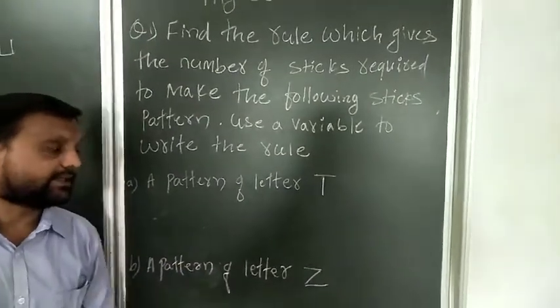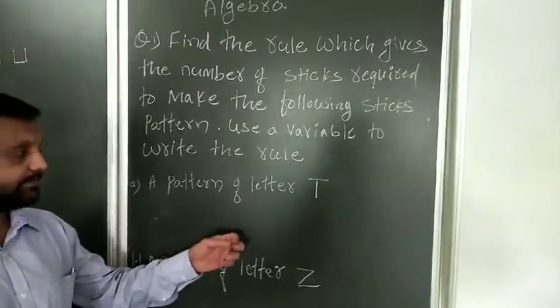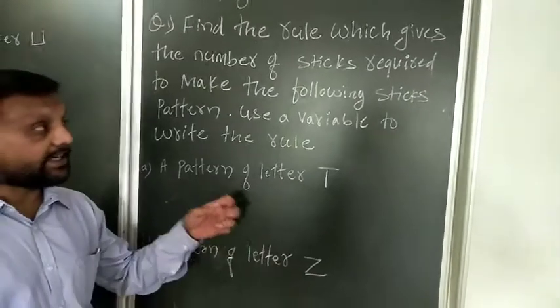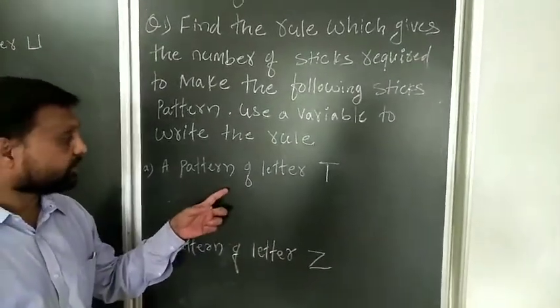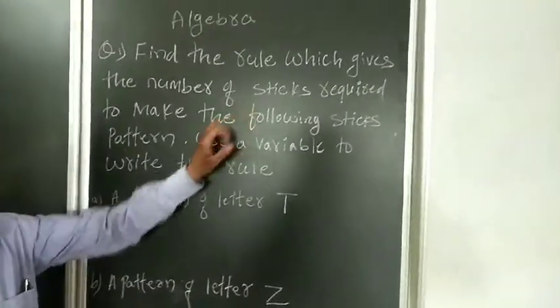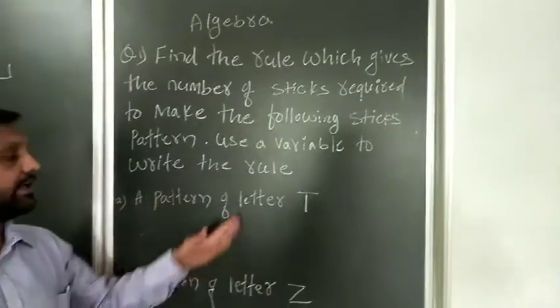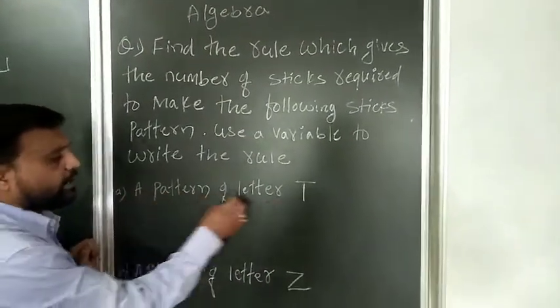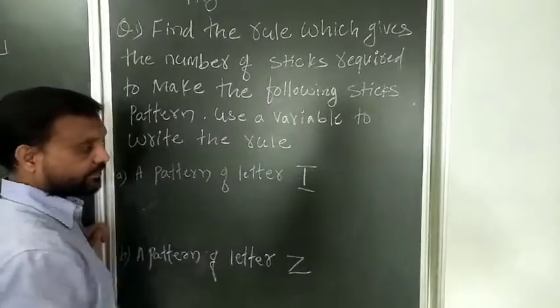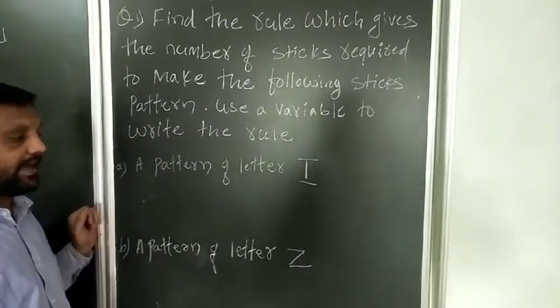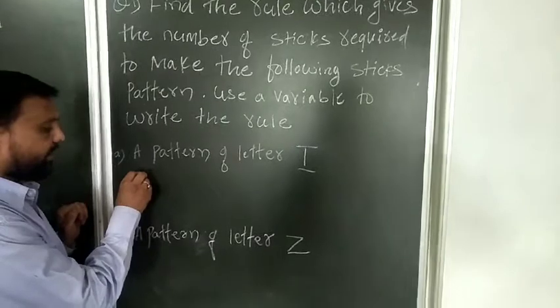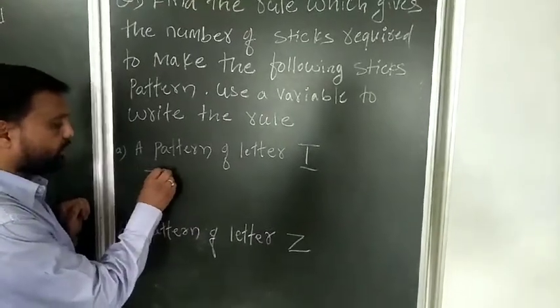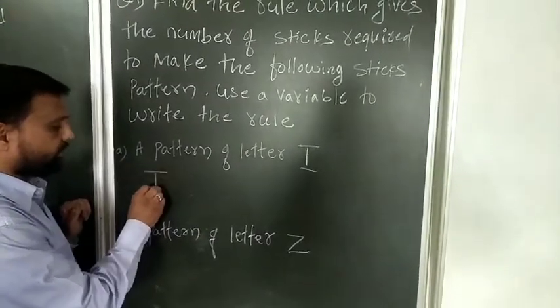Now we will make an expression with any letter to find out how many sticks are required to make the given pattern. Now here, to make a pattern of T, how many sticks do we require? To make a T, you require 2 sticks, 1 stick and 2 sticks.